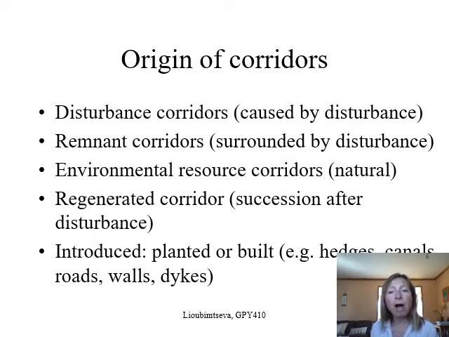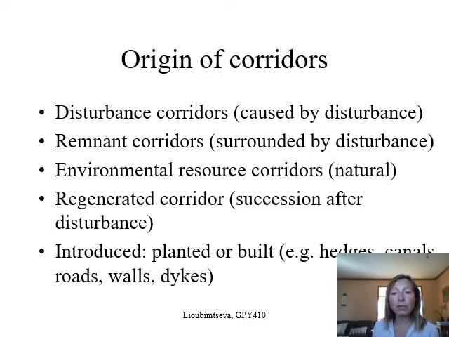Disturbance corridors are caused by disturbances, and these disturbances can be natural or man-made, anthropogenic disturbances. Examples of corridors created by disturbances include fire burns, areas formed by water erosion or wind or logging or strip mining, any kind of processes that lead to destruction of the original matrix vegetation along the lines.